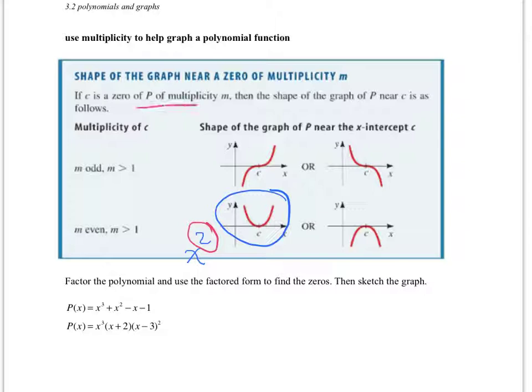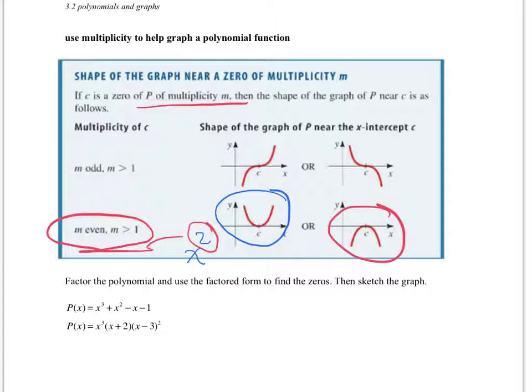The multiplicity is the degree that is associated with a factor. So since this x was squared, we have a 0 at 0 of multiplicity 2. And 2 is an even number, and if m, the degree there, is even, then the graph does one of these two things near that 0. And so that's what happened with that graph.